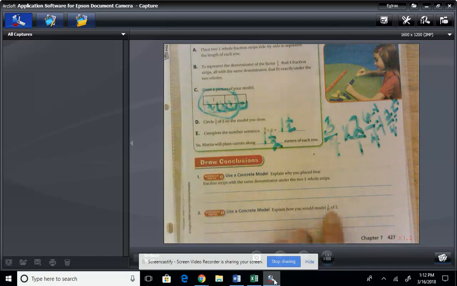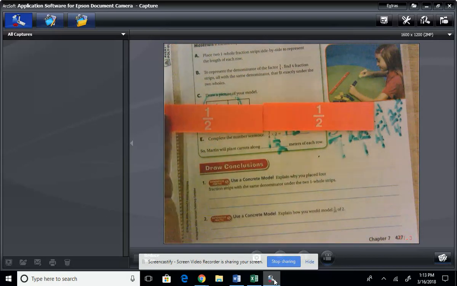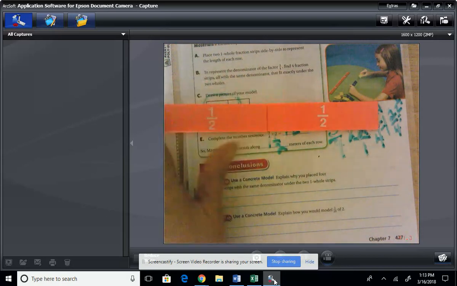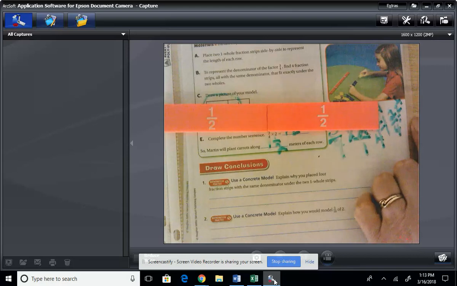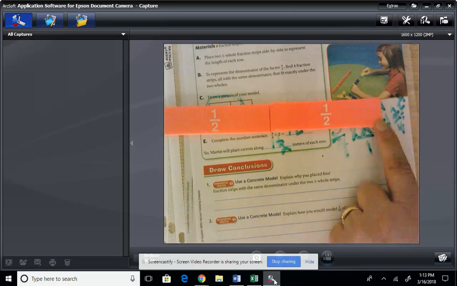So I need to have 10 of those. So if I broke this into, what is 10, I have to put 10 all the way through here.